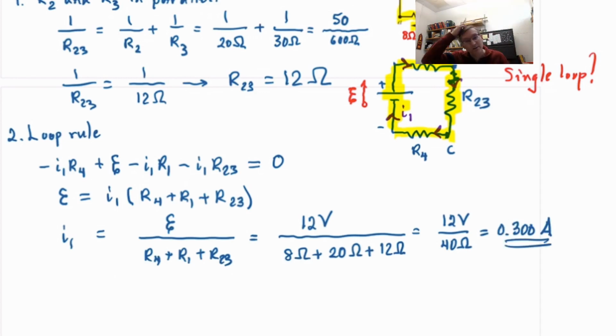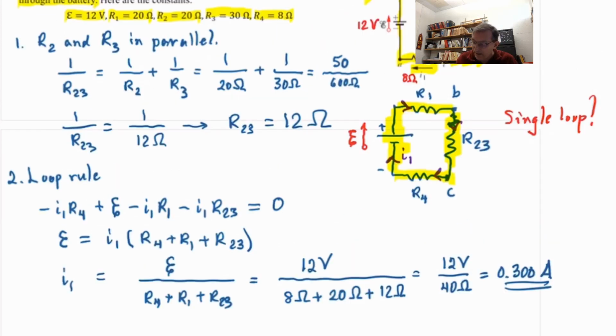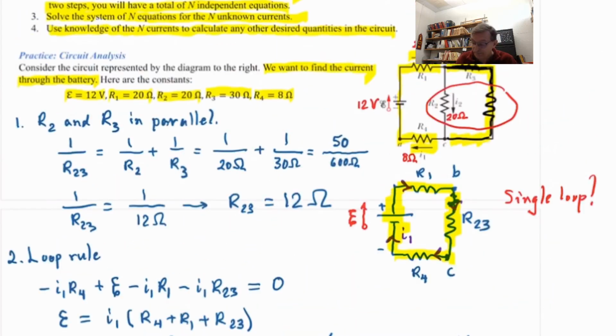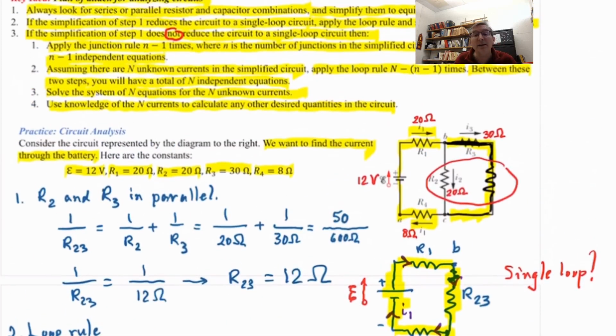And that's the current I1 in this single loop circuit, which is also the current in the leftmost branch of the original circuit, which is the current through the battery, which is what I was supposed to find. Okay?